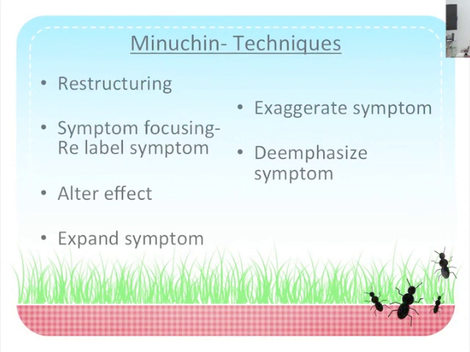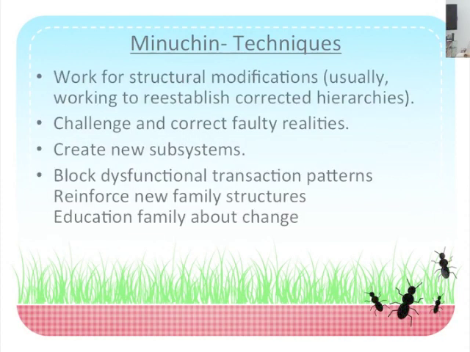If the focus has been on one problematic child, maybe I will focus my attention in the session on a different child. There's all kinds of things you could do along those lines. Work for structural modification, usually working to reestablish corrected hierarchies. Developmentally appropriate hierarchies maybe is a more hearable way to say it. Challenge and correct faulty realities. Sometimes people just have incorrect information, and you help them using different techniques to become more aware of an accurate one.